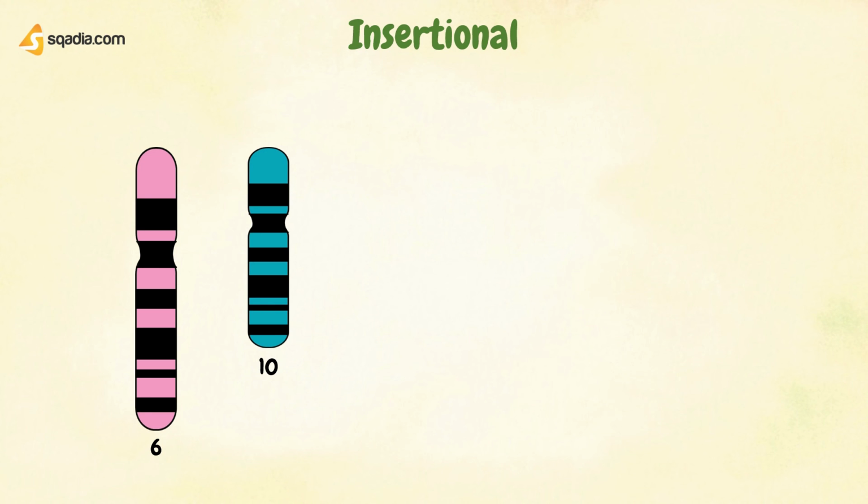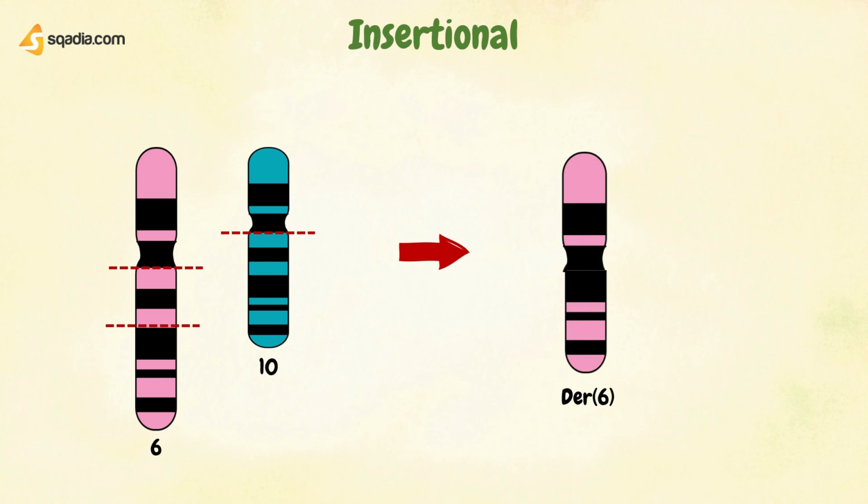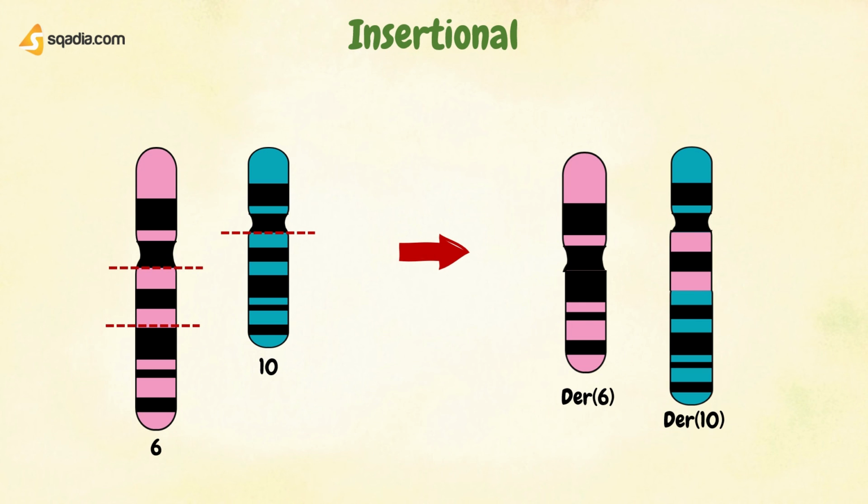From chromosome 6, this segment is deleted, and at this part of chromosome 10, the deleted segment of chromosome 6 is inserted. So, derivative chromosome 6 and derivative chromosome 10 are produced. At this point of derivative chromosome 10, the deleted segment of chromosome 6 is inserted.